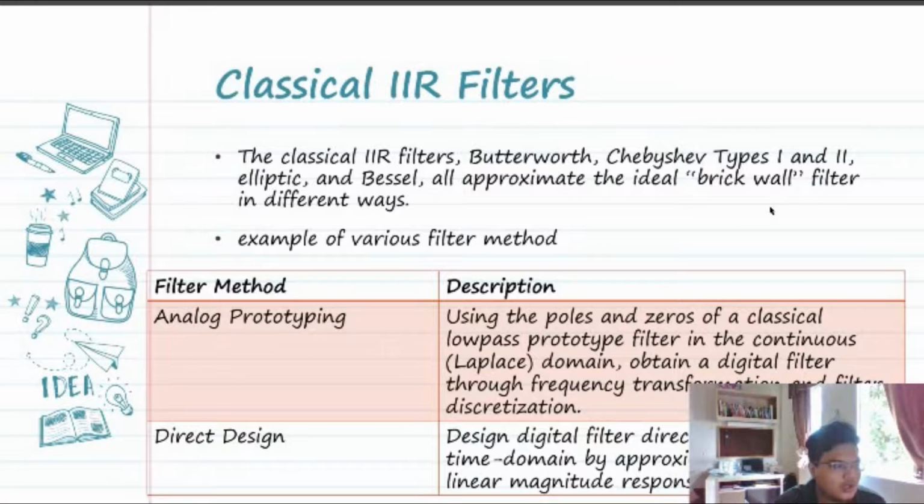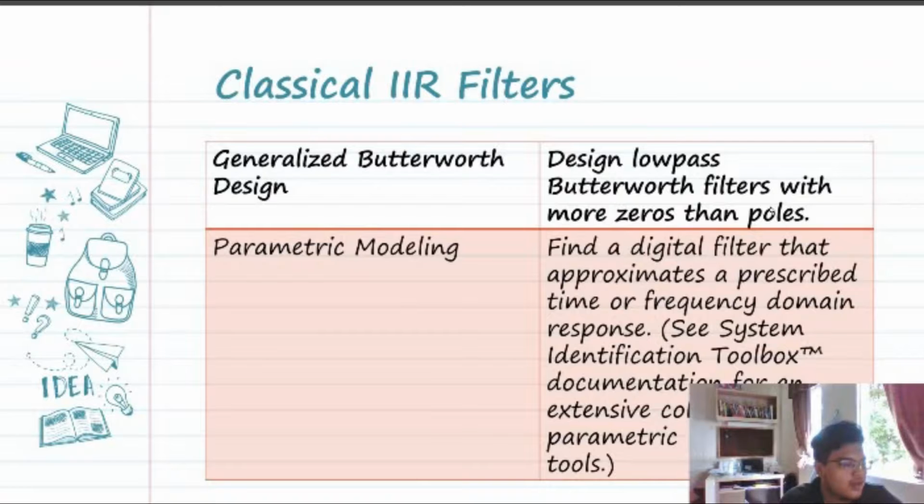The analog prototype uses the poles and zeros of a classical low-pass prototype filter in the continuous Laplace domain. They obtain a digital filter through frequency transformation and filter discretization. There are also direct design, derived Butterworth design, and parametric modeling.